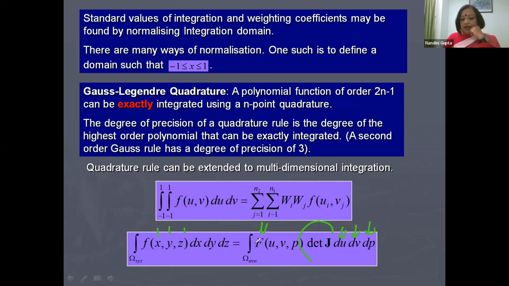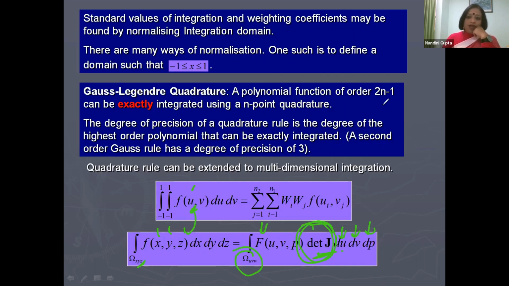Do not forget the det J. So when you're performing the integration and you're mapping from xyz to uvw, there will also be det J. And so when you are integrating over the uvw domain, do not forget the det J into du, dv, dw. That will be there in the picture.